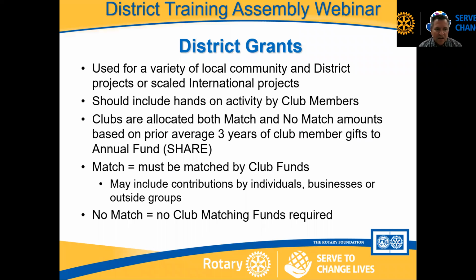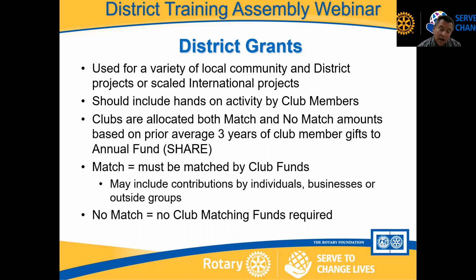So again, clubs are allocated both match and no match amounts. How the district comes up with those dollar amounts is based on a prior three-year average that your club members make in gifts to the Rotary Foundation, and also, very important, designates it as share funds.